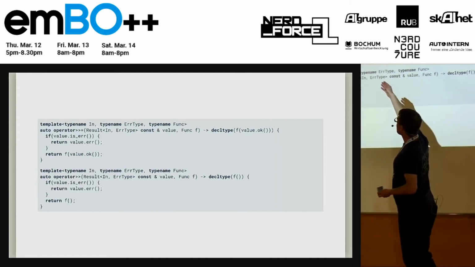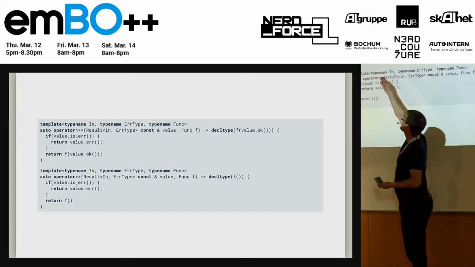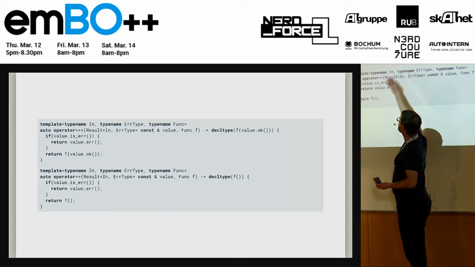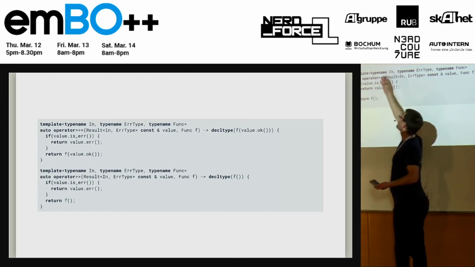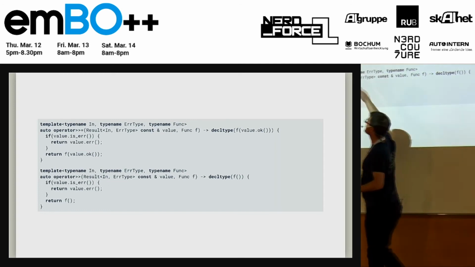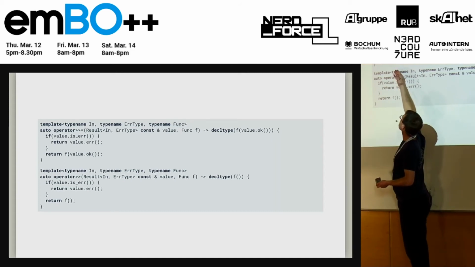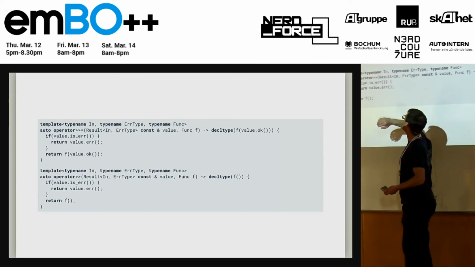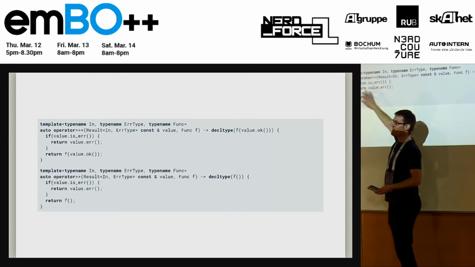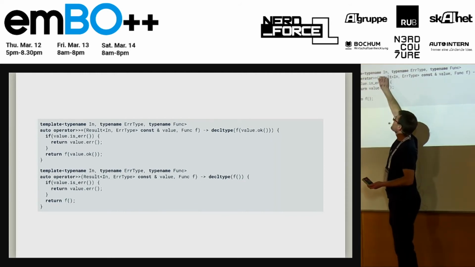So we have the bind operator, which, when it's called, just checks if the value is an error. If it is, okay, return the error. If it's okay, then I have this template funcF, which is something that is callable, and I just call this f with my value in it. The second one, maybe you had seen it in the code before, is the same as the bind operator without the assignment.